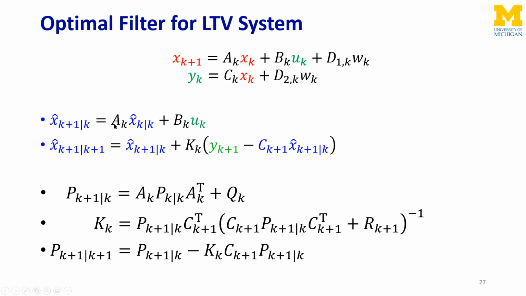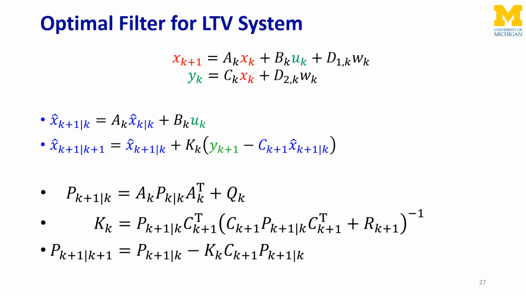All you have to do is replace A, B with A_k and B_k. Actually, C_k is replaced by C_{k+1} because we are looking at the predicted output at step k+1. So A is replaced by A_k, Q is replaced by Q_k, C is replaced by C_{k+1}, and R is replaced by R_{k+1}.